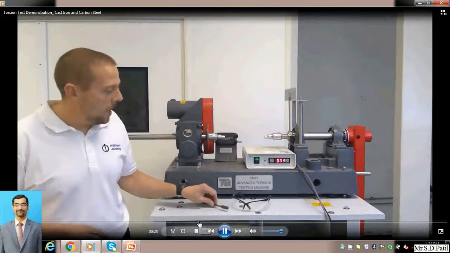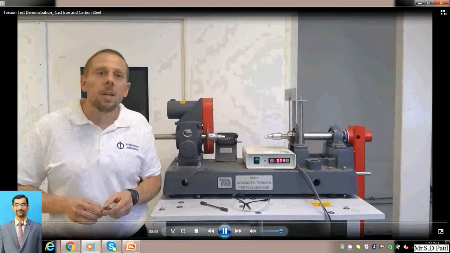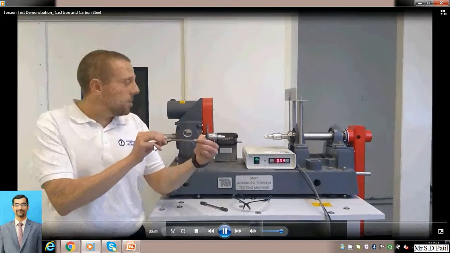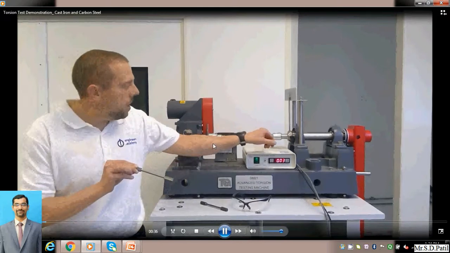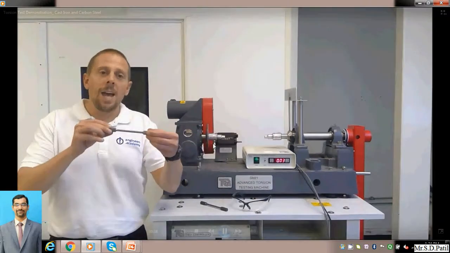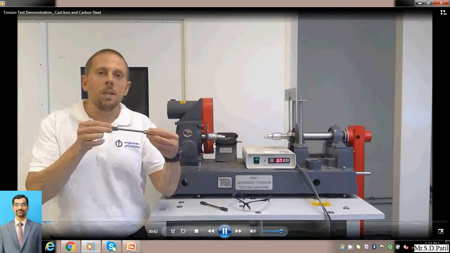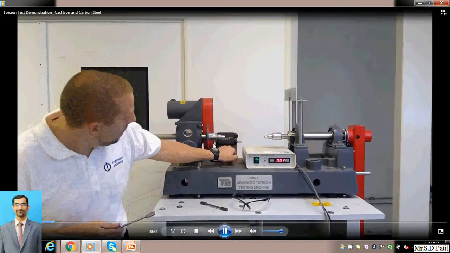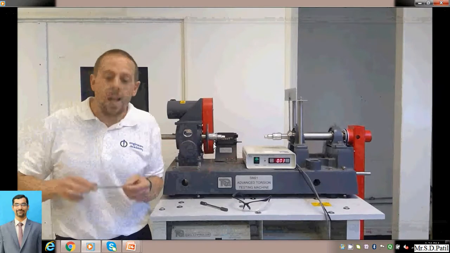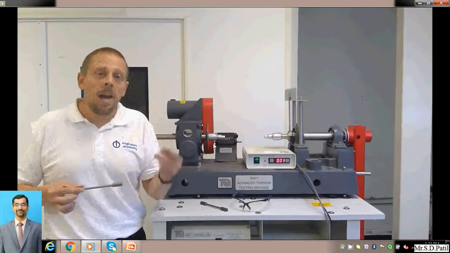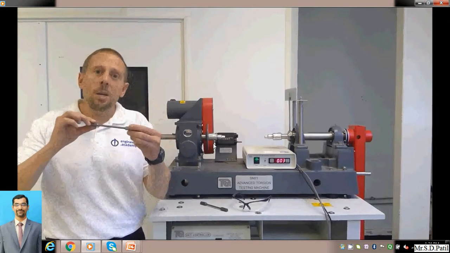We are going to see how the test is carried out for the cast iron and what the mode of failure is. This is a very advanced torsion testing machine, and we are observing the failure pattern in this particular test.